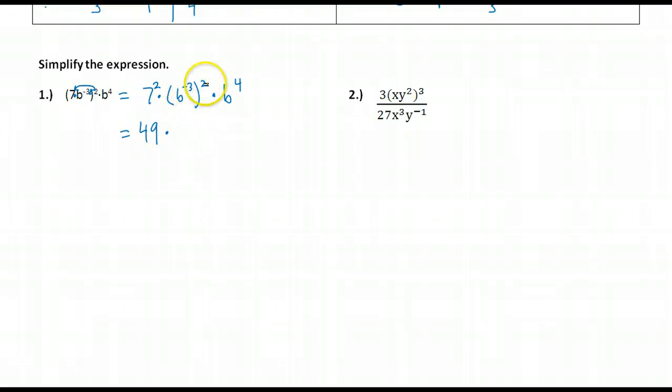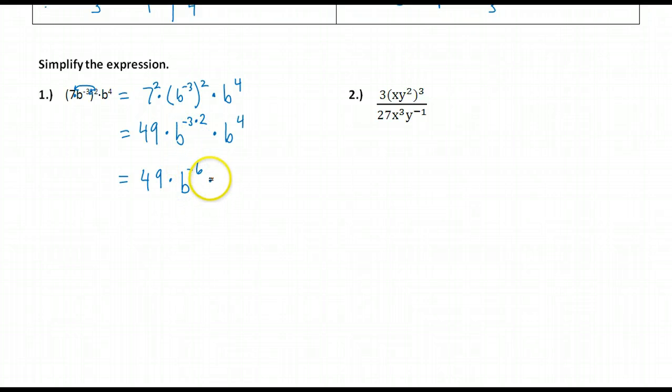Whenever I have a power raised to a power, I need to multiply those powers together. So I have 49 times b to the negative 6th power times b to the 4th power.